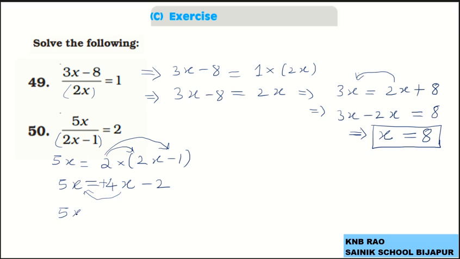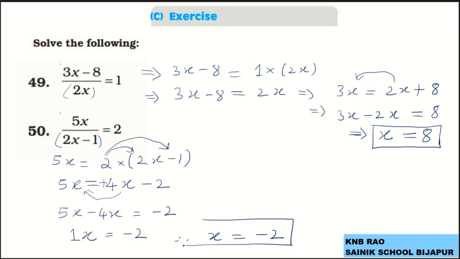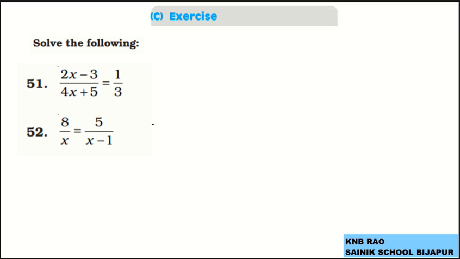So, 5x minus 4x equals minus 2, and 5x minus 4x is simplification of like terms. 5x minus 4x gives you 1x, which equals minus 2. Thus, we say the value of x is minus 2, which is the solution. Okay. Now, similarly, question number 51.